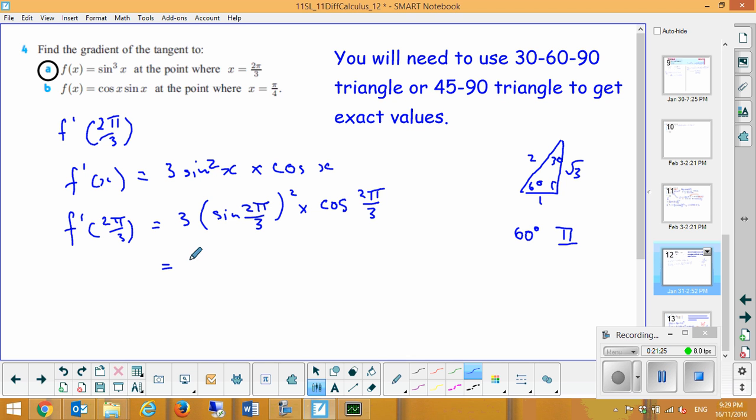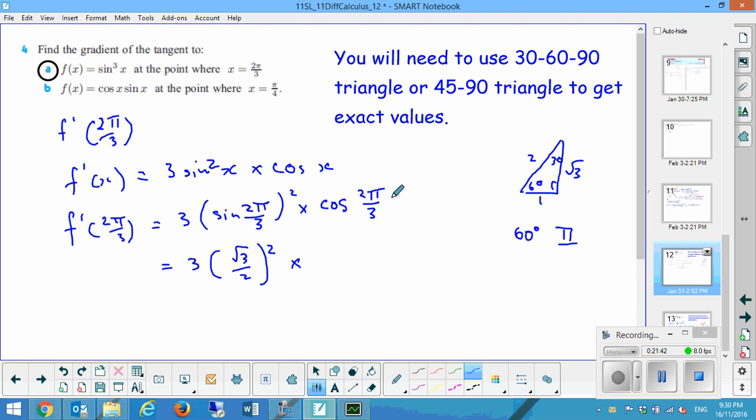So 3 lots of sine of 60 squared is going to be root 3 over 2, squared. In the second quadrant, that's positive, times the cos of 2 pi on 3.